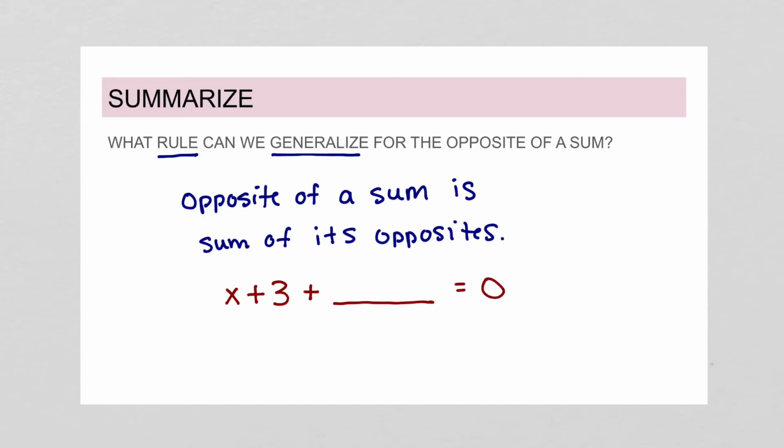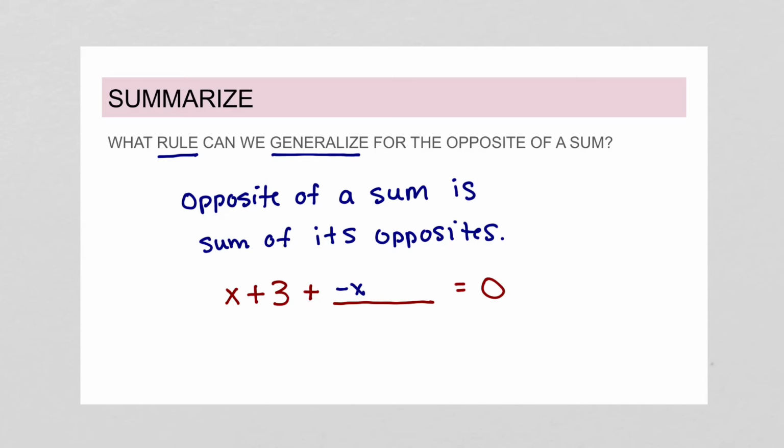And we want to see, well, what did we do? What is the opposite of x? The opposite of x is negative x. The opposite of 3 is minus 3. Okay. And remember, we could write that a little bit differently.